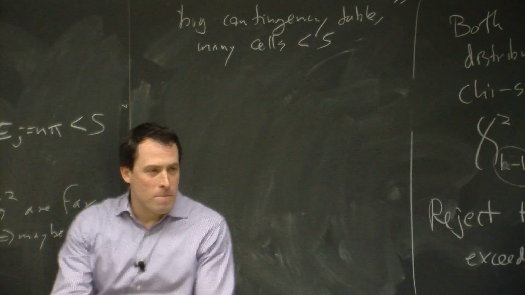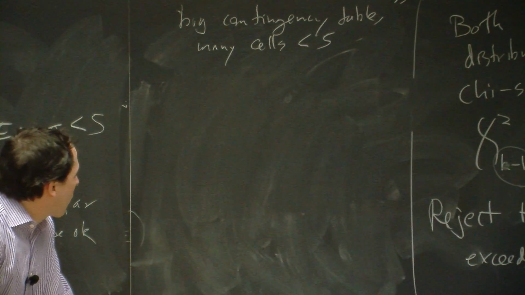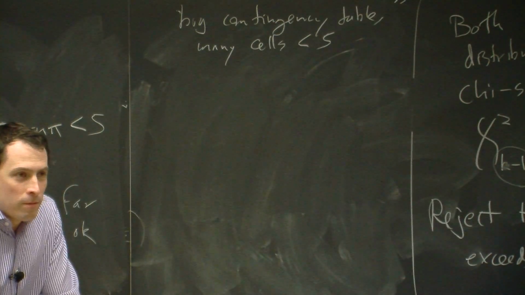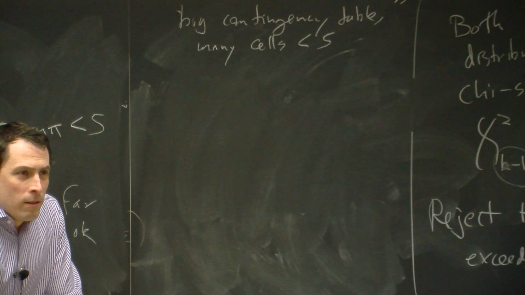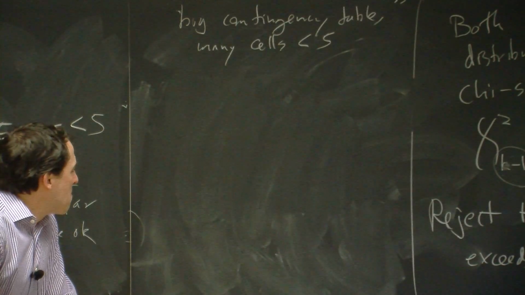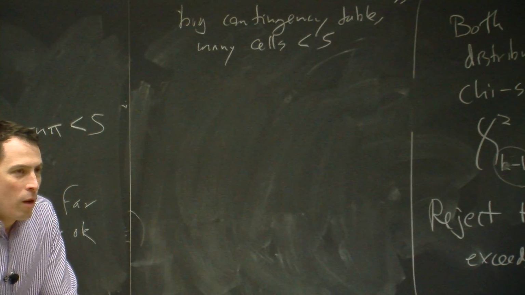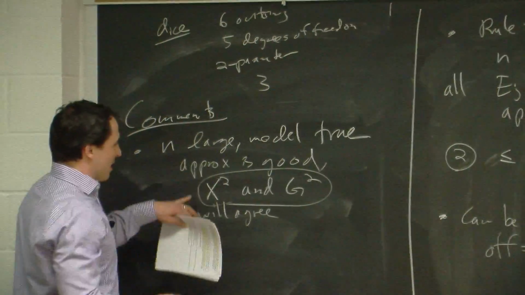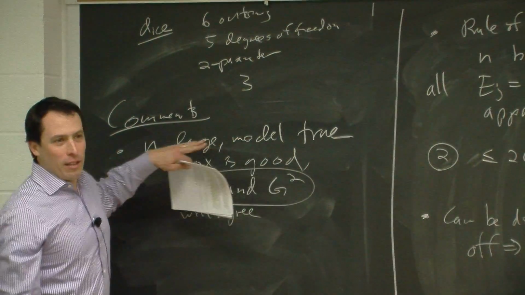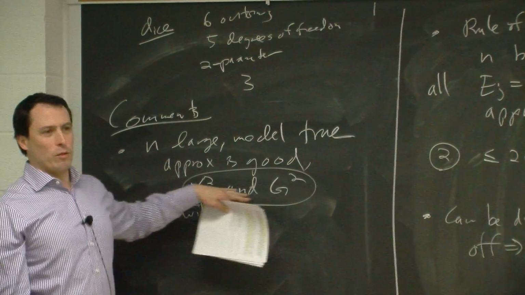So if your chi-squared and your G-squared disagree, is the only result you get from that that n is too small? Like, what are you concluding by their disagreement? What am I concluding? It's just a hint. So the theory tells us that if the model is true, as n goes to infinity, these will be close.